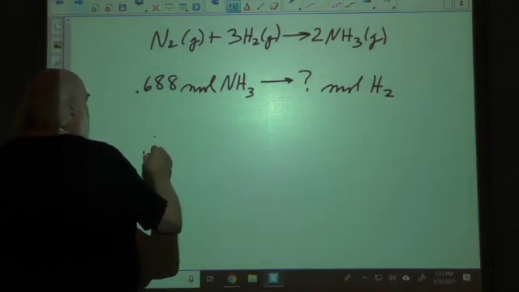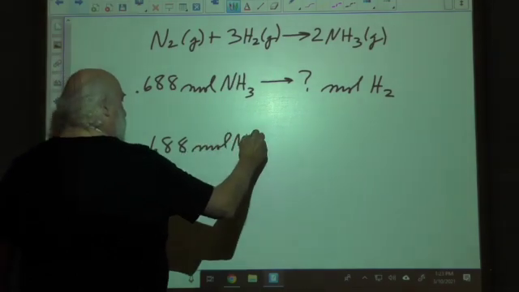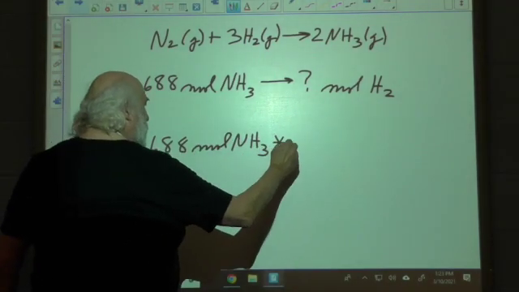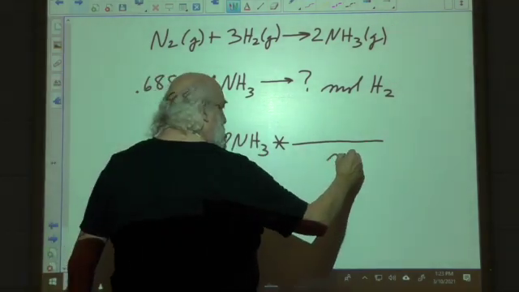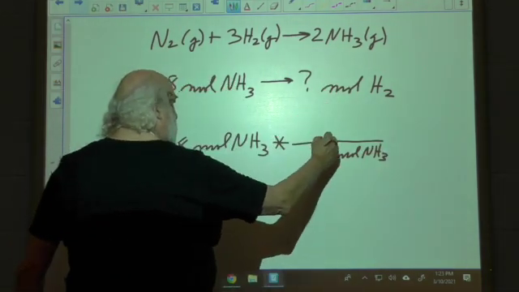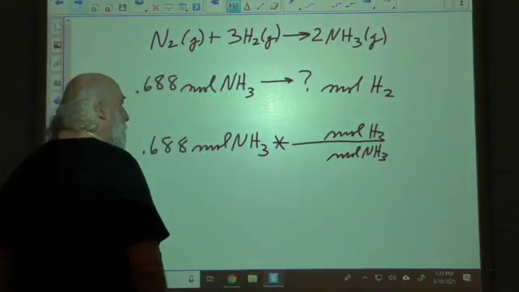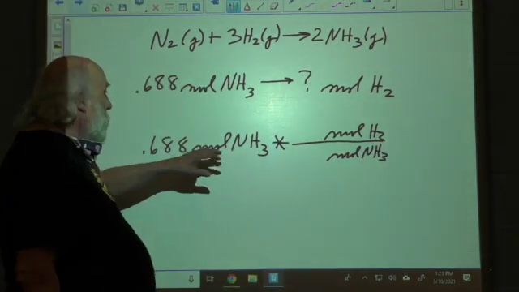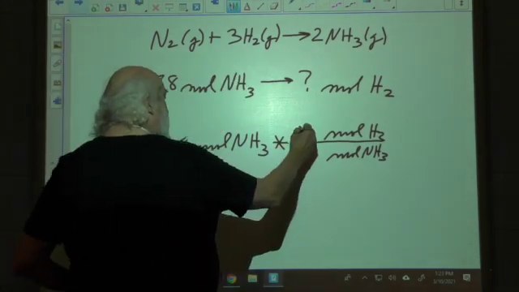So I got 0.688 moles of ammonia times fraction, and again, I've got to get rid of the moles of ammonia, so that goes in the bottom here. And on top goes moles of hydrogen. The hydrogen has a 3, so put a 3 on top.